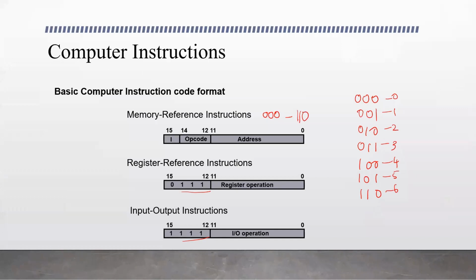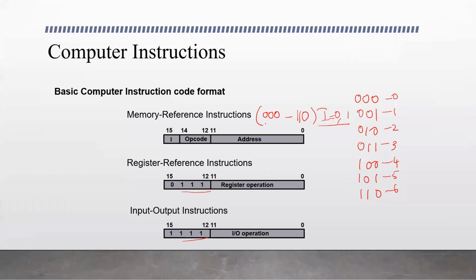The opcode varies from 000, the 3 bits, to 110, and the value of I can be either 0 or 1. That denotes the type of the address. When the control needs to execute this instruction, it has to find the type of the instruction first.